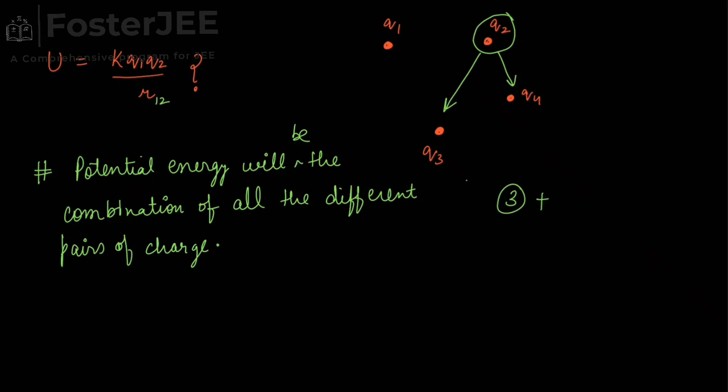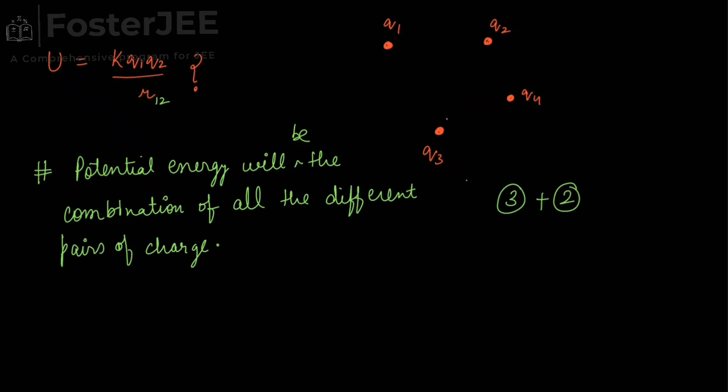We don't consider its interaction with Q1 because when we were considering Q1, we have already considered Q2 and that will be the same. So due to Q2, the total number of equations is 2.